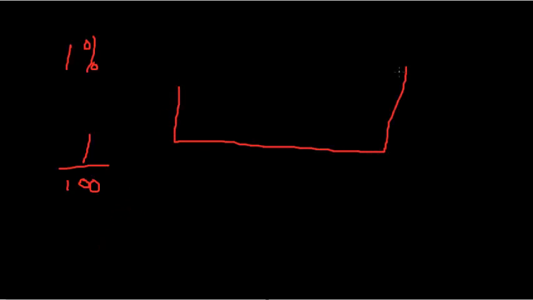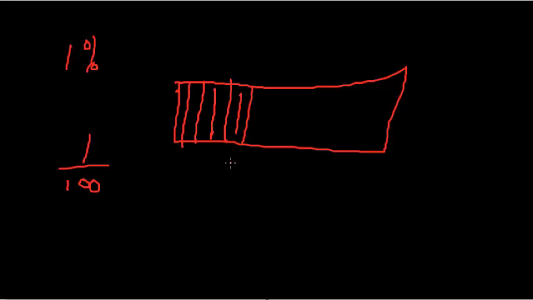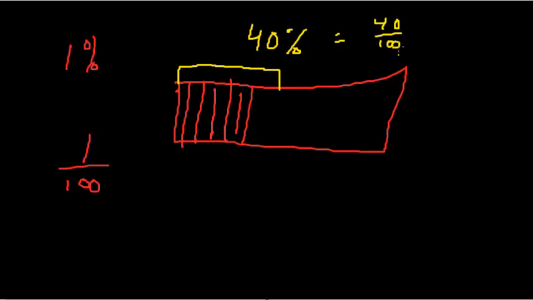So if I have this bar here and I cut it up into 100 tiny little slices and I had, say, 40% of it, that means I took 40 of those tiny little pieces out of the 100 pieces that made up that bar. So again, here we see 40% is the same as 40 over 100, 40 of those 100 pieces. That is what a percent means.